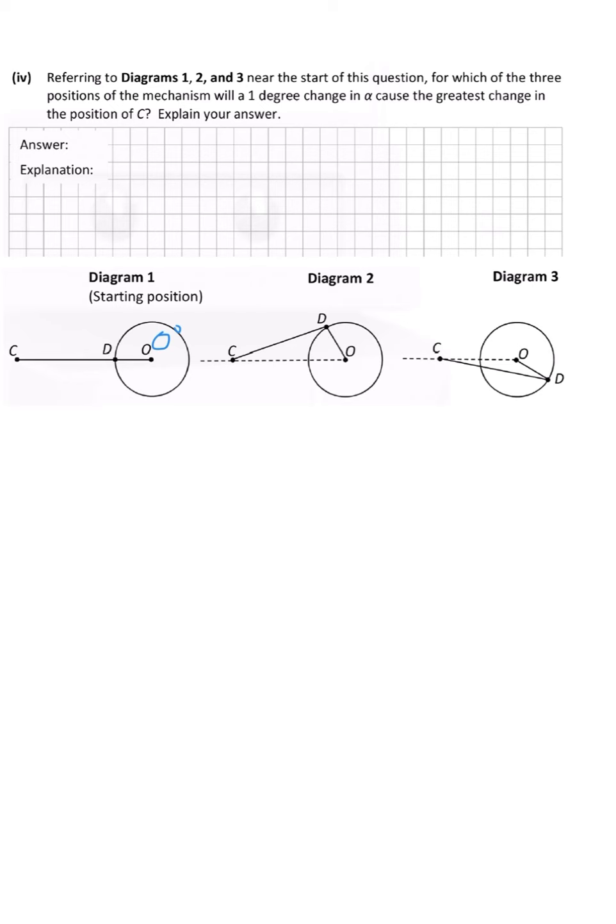Now for our diagrams 2 and 3, I'm going to use a protractor, and this one will be 60 degrees, and the next one is going to be 210 degrees. Now that I have my degrees, I need to go back to my graph and see how I can use these.